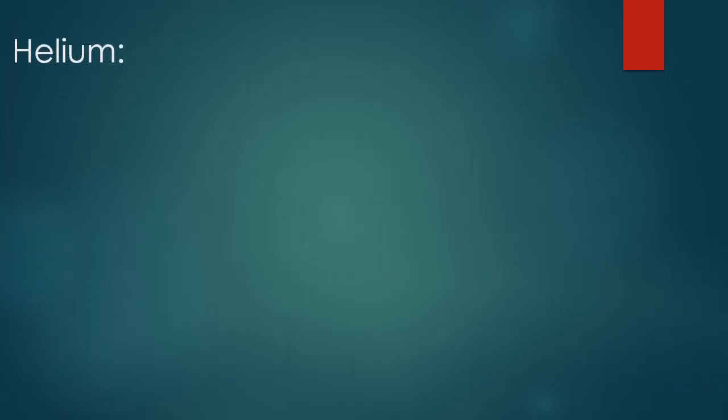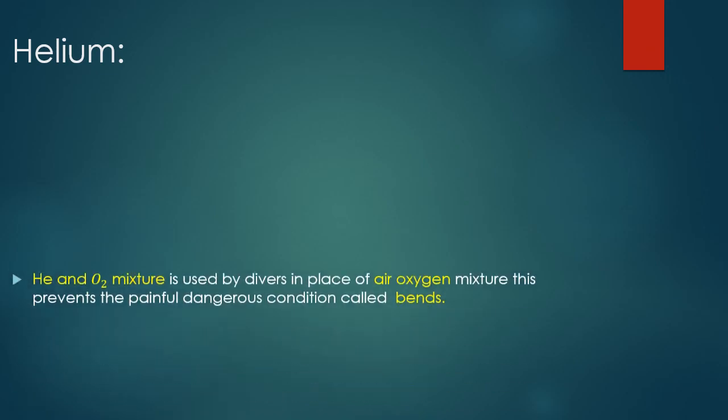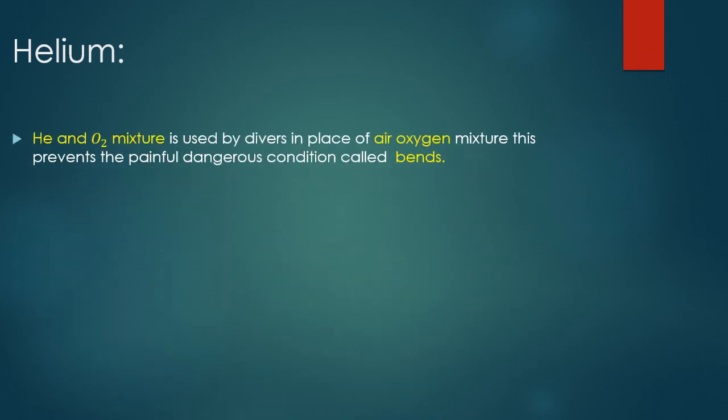Let us learn the uses of all the noble gases. First, helium. A helium and oxygen mixture is used by deep sea divers in place of an air and oxygen mixture. The air and oxygen mixture is nothing but a nitrogen and oxygen mixture.